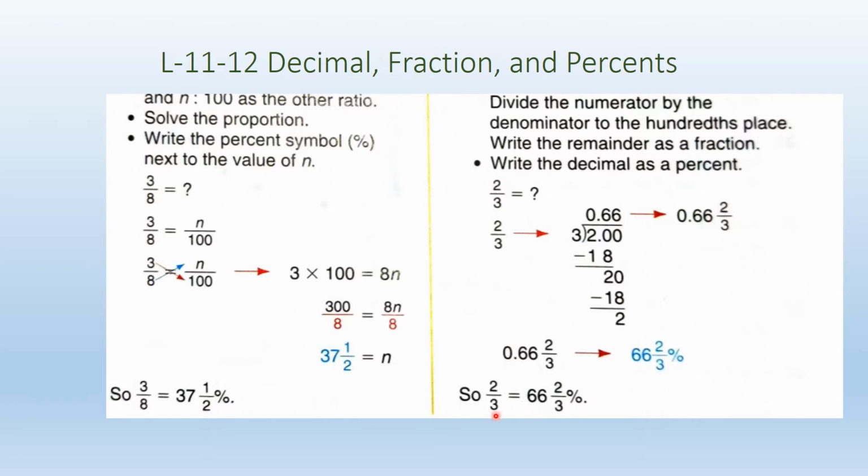What is 2 by 3 as a percent? 0.66 multiplied by 100 will be 66 and 2 by 3%. I think it is clear.